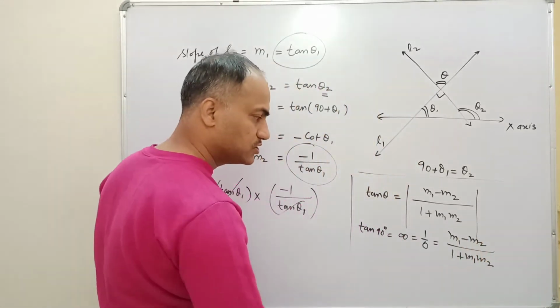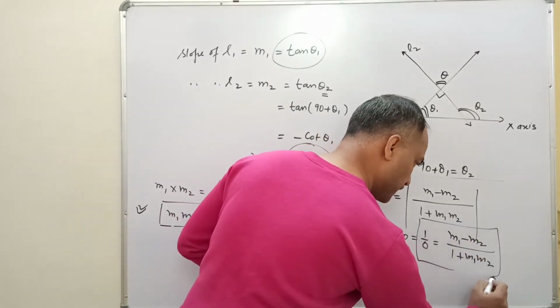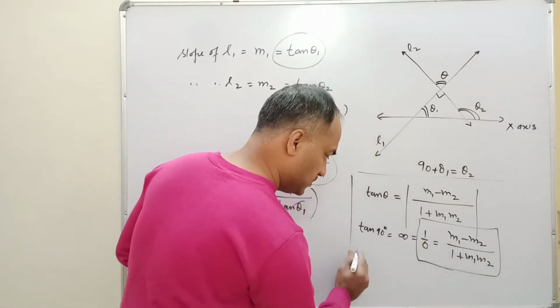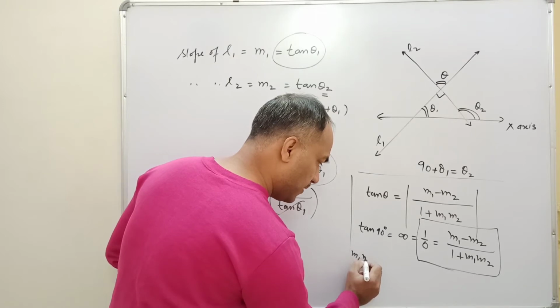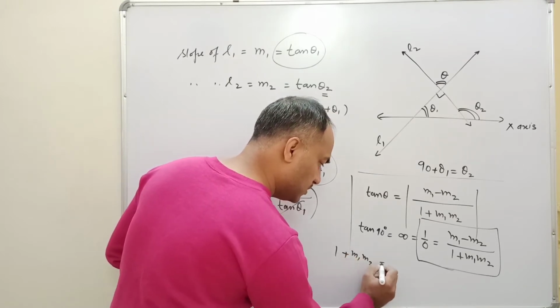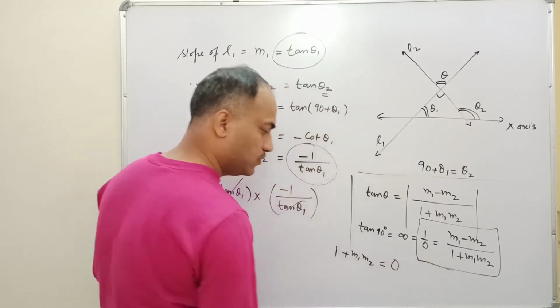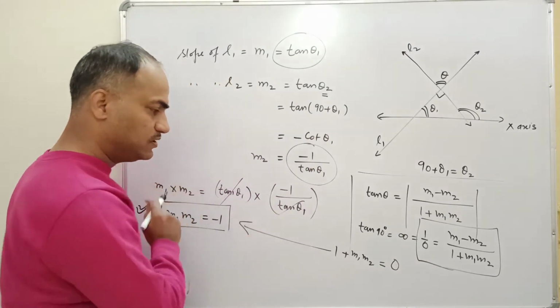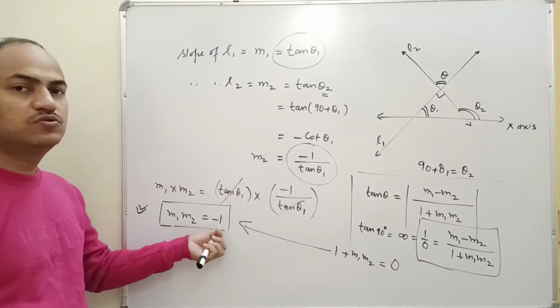Do the cross multiplication in these two terms. So this into this, it means m1 m2 plus 1, this value is equal to 0, and from here we get the same result, m1 m2 is equal to -1.